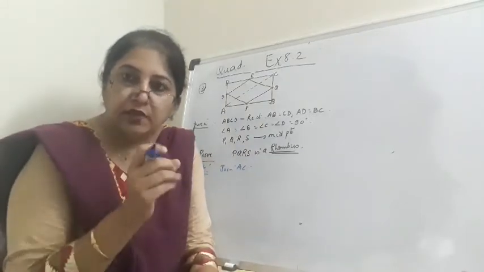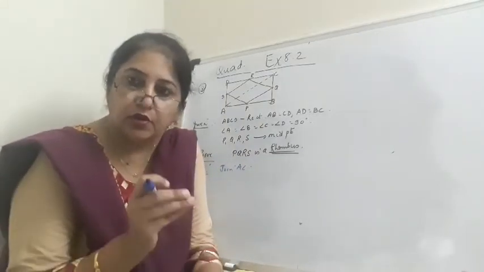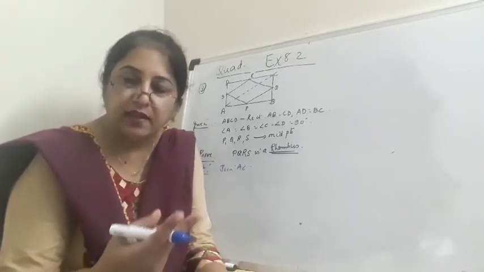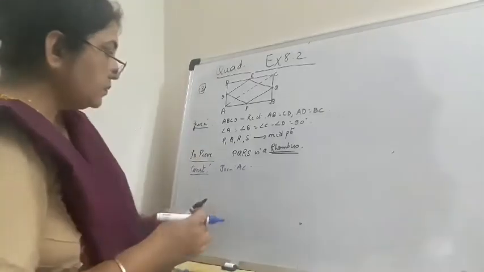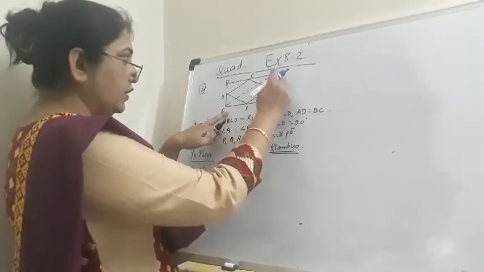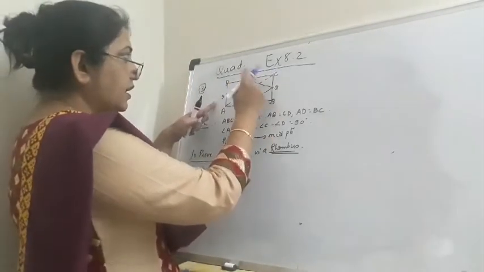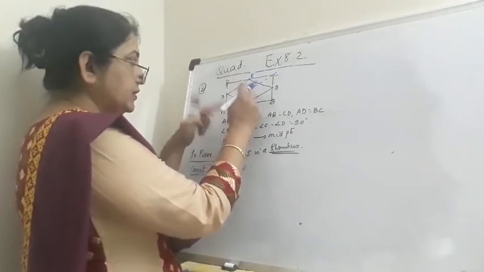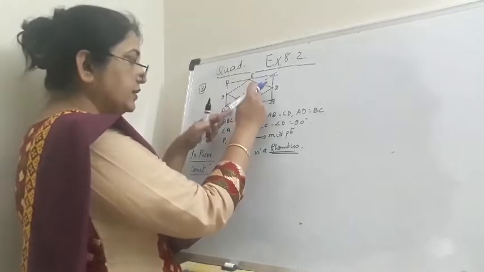It will be the same procedure that we followed in question number 1 and question number 2. Twice I have explained it to you. So, after joining AC, you know that S and R are the two midpoints. This line segment SR will be parallel to AC.